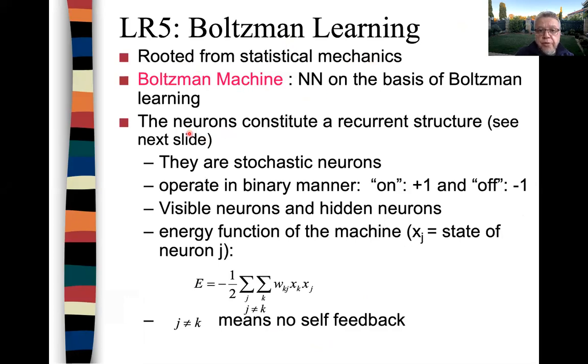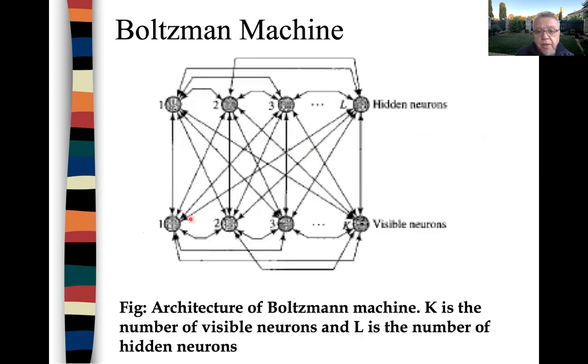In the case of the Boltzmann machine, the neurons constitute a recurrent structure. As you can see on the next slide, you have a recurrent structure with visible neurons and hidden neurons, K of the visible neurons and L of the hidden neurons, and these neurons are connected to each other.